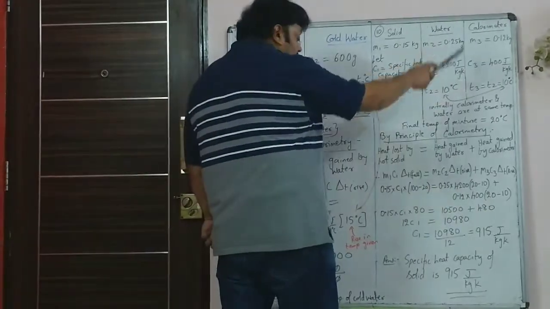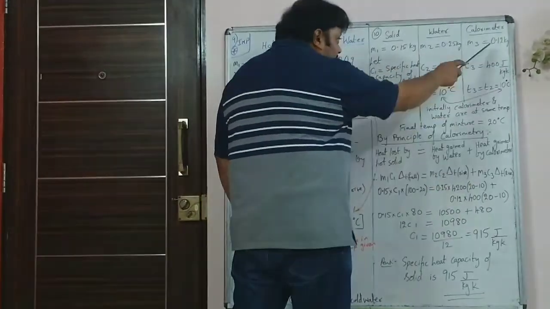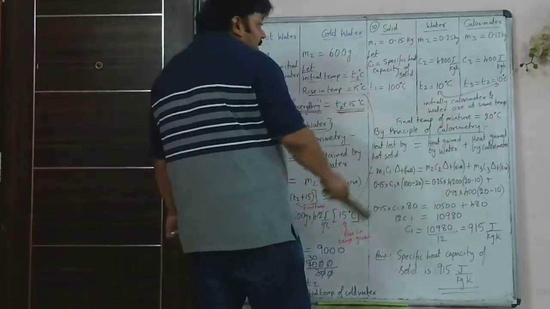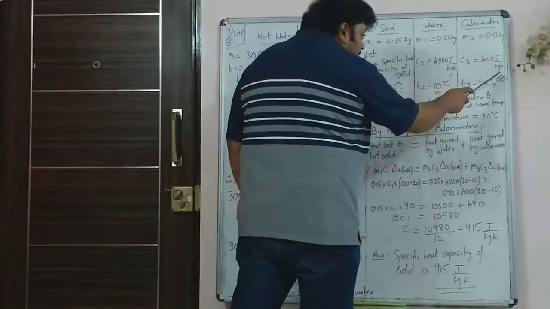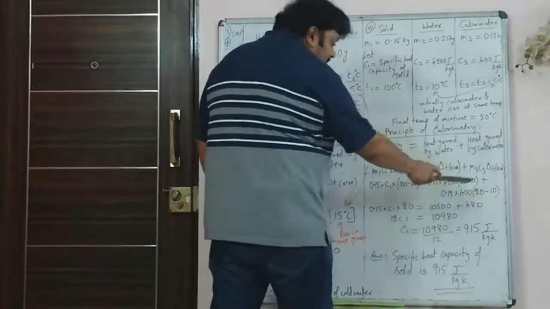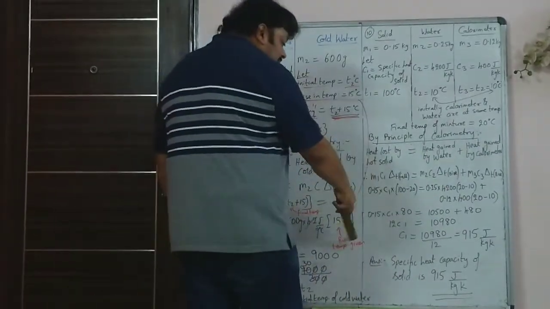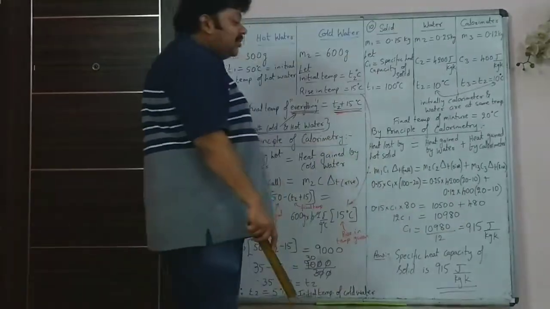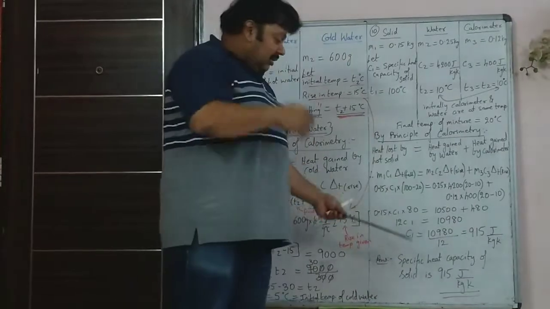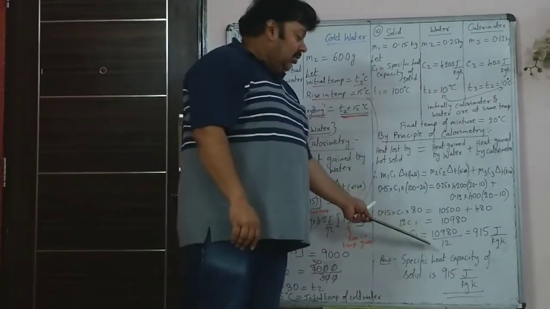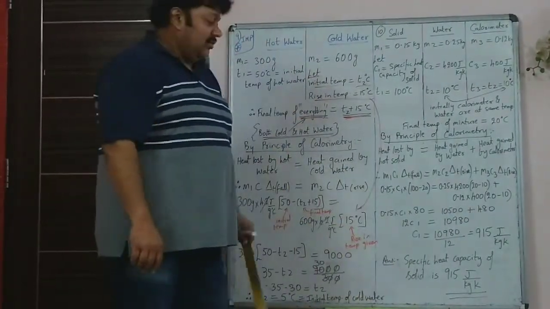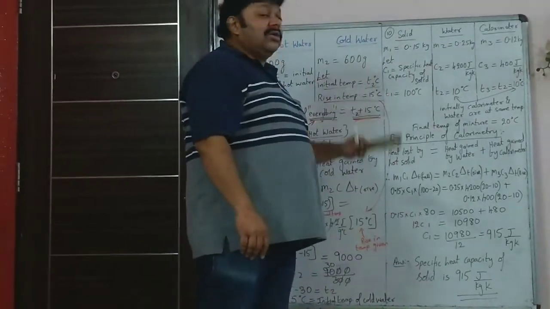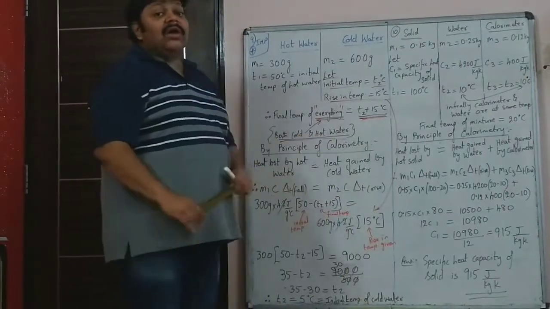And for the calorimeter, M3 is 0.12, C3 is 400, and rise in temperature again 20 minus 10. So when you do the calculation, 12 C1 is 10,500 plus 480, that is 10,980, and when you do the division C1 is 915 joule per kg Kelvin. That is the specific heat capacity of the hot solid which was asked.